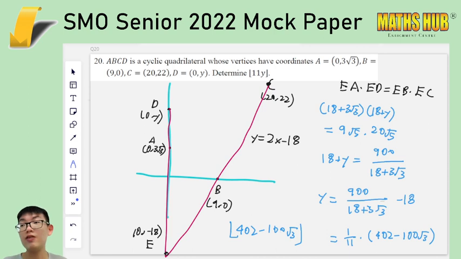So square root 2 is about 1.414. Square root 3 is about 1.732. You just need it to 2 decimal places here. So you would be subtracting about 173 point something. And so your answer would be 402 minus 174, which is equal to 228.